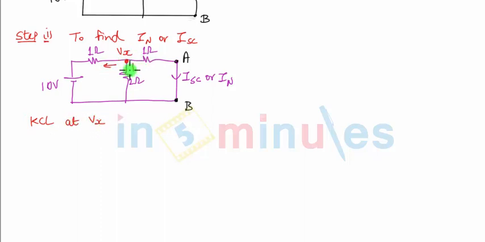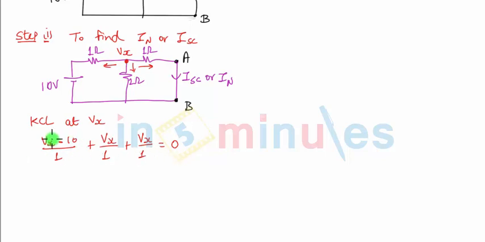I will consider 3 outgoing currents. The first current is going to be Vx minus 10 divided by 1. This is the current, Vx minus 10 upon 1. The middle branch current will be nothing but Vx upon 1, and this current will be again Vx upon 1 equal to 0, because there are only 3 outgoing currents and we have not taken any other current.